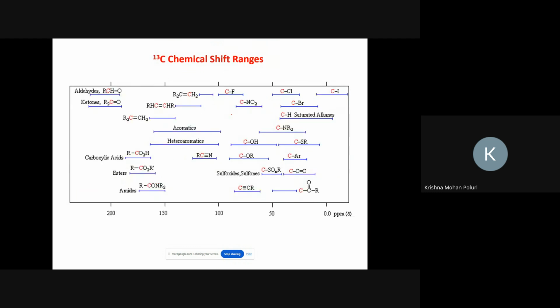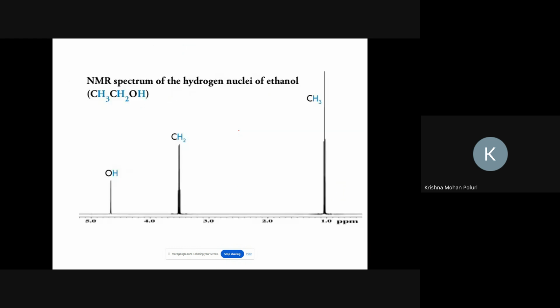The same thing we can do for 13C also, so you can give the carbon also. The majority of molecules have hydrogen and carbon, so when we have both of them, it becomes much easier to identify the signals. As I told you, you have these three. What you end up with is three different signals: CH3, CH2, OH.